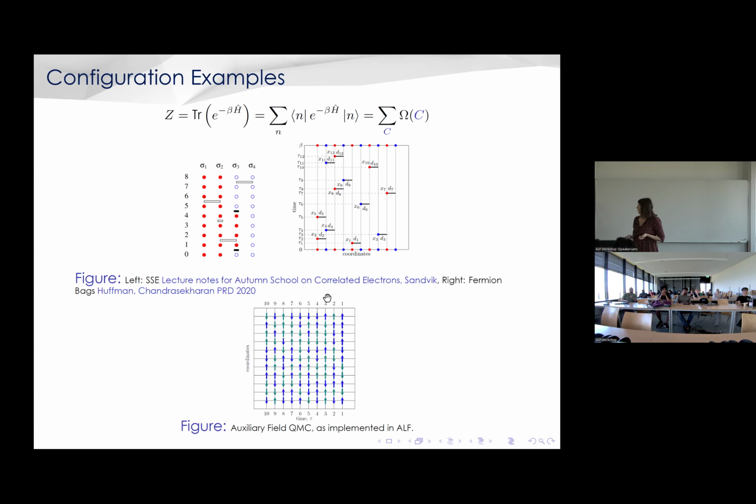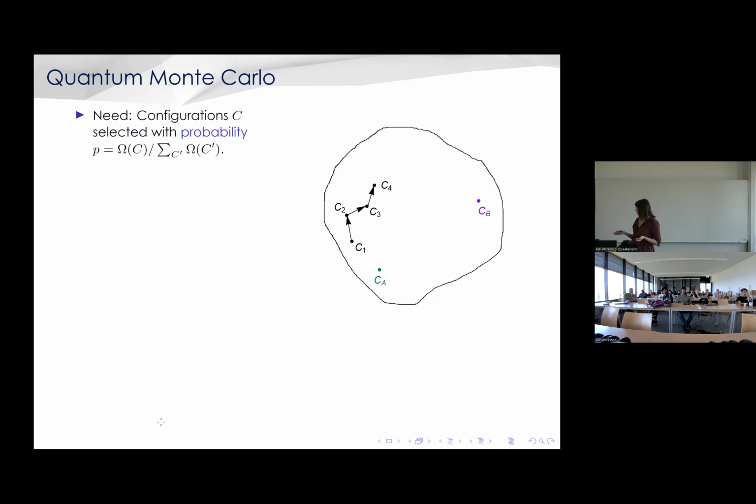This would be one configuration. We basically have a space-time of these Ising spins, and we'll be making updates to it according to weights, which will ultimately be dependent on the fermion statistics and all of that.